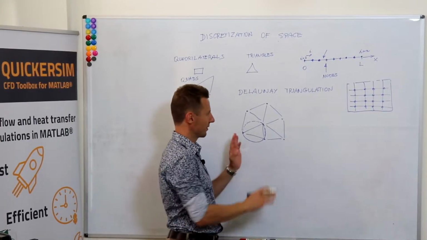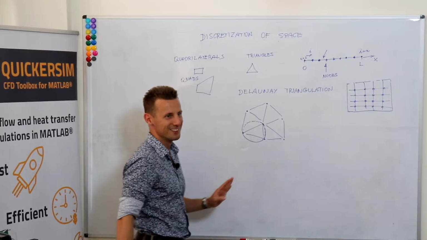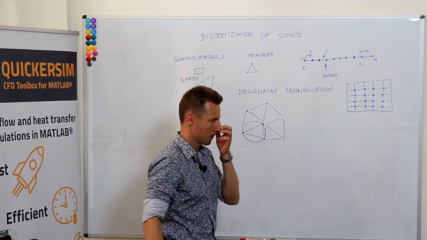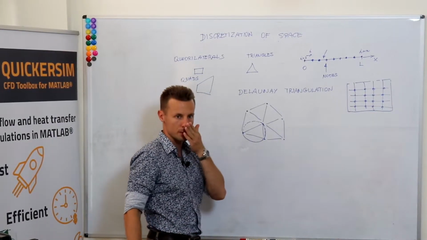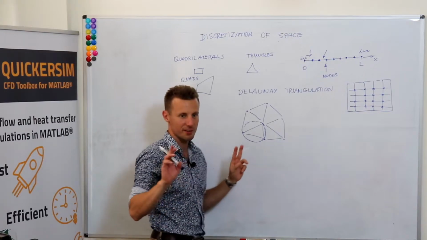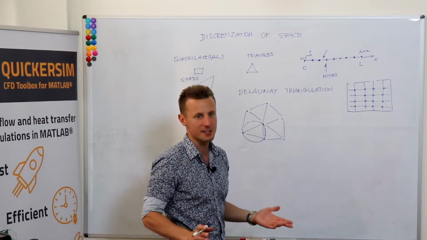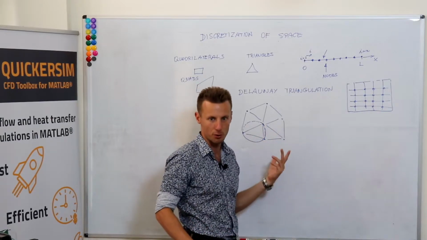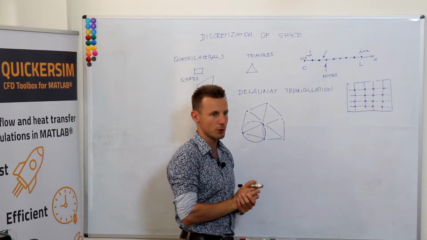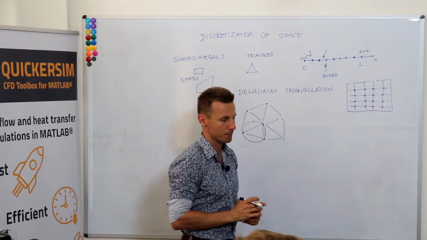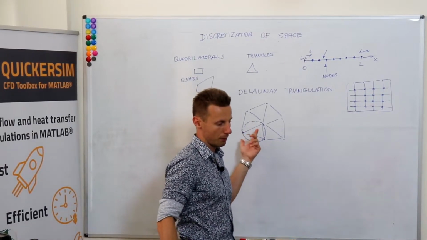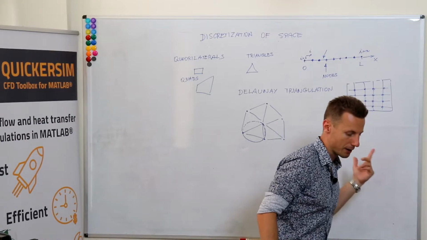Why is it so important? Because of the skewness, or something like that? I think it's mainly because of the skewness. So, in a sense, the triangles will be as nice as the distribution of points is. Obviously, if you've got a very bad distribution of points, the triangles will not look perfect. But it's guaranteed that there will be no point lying within the circumcircle of any of the triangles.